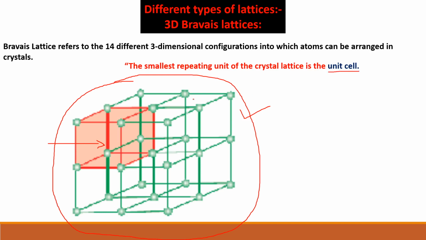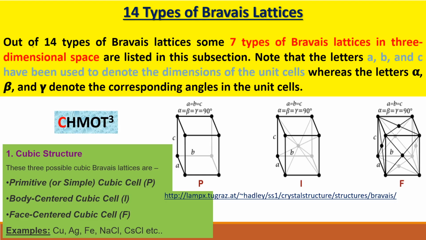So we can discuss the three-dimensional Bravais lattices. There are a total of 14 three-dimensional Bravais lattices, and out of the 14 types, the 7 crystal systems in three-dimensional space are listed in the subsections below.